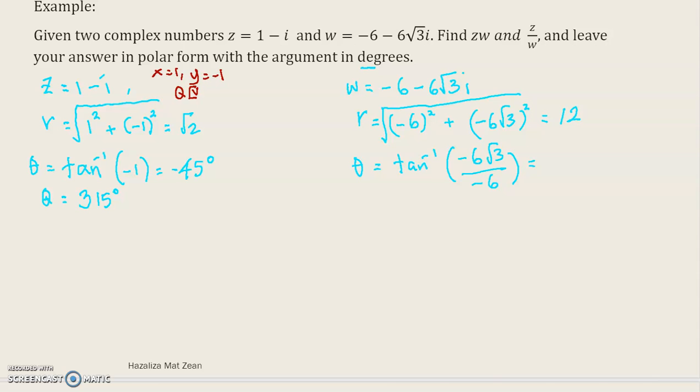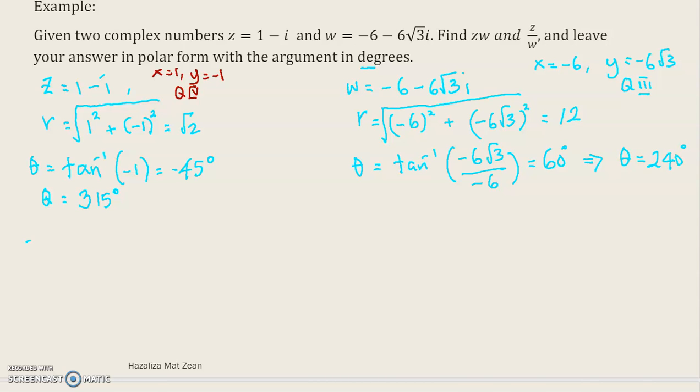Here x is negative 6, y is negative 6√3, so this complex number is in quadrant 3. Arctangent of √3 is 60. The calculator gives us 60, but we have to change because it is in quadrant 3. So in quadrant 3, theta is 240.